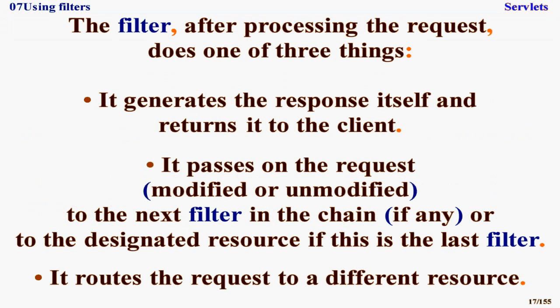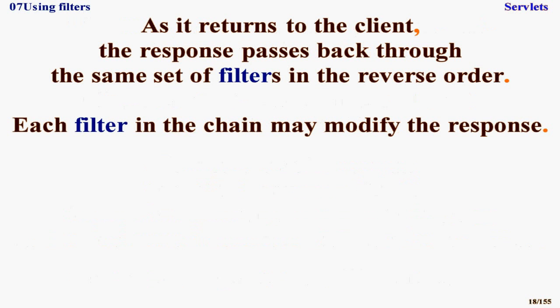It generates the response itself and returns it to the client. It passes on the request modified or unmodified to the next filter in the chain if any, or to the designated resource if this is the last filter. It routes the request to a different resource. As it returns to the client, the response passes back through the same set of filters in the reverse order. Each filter in the chain may modify the response.